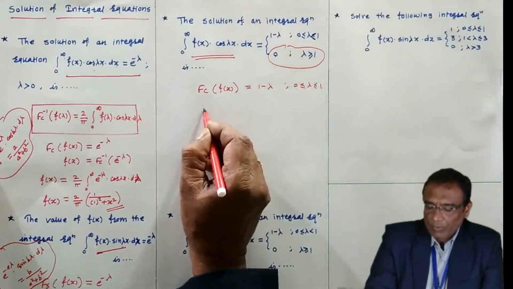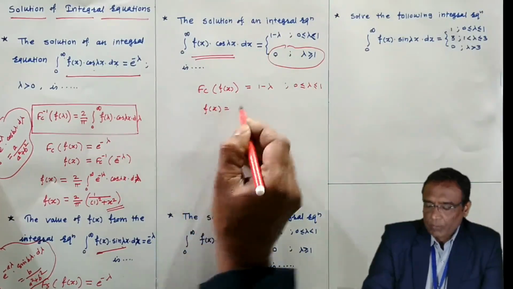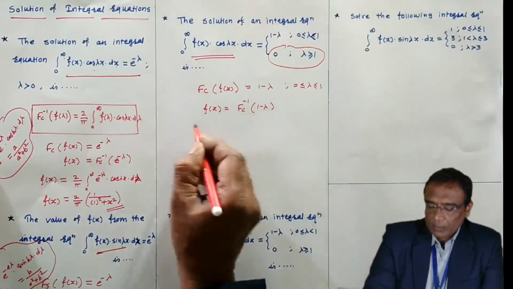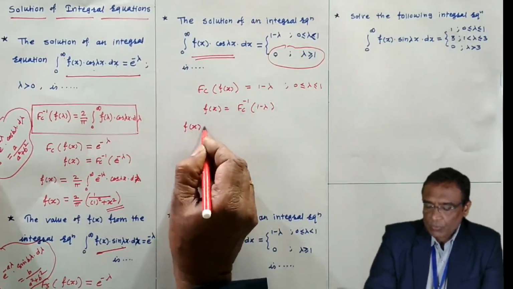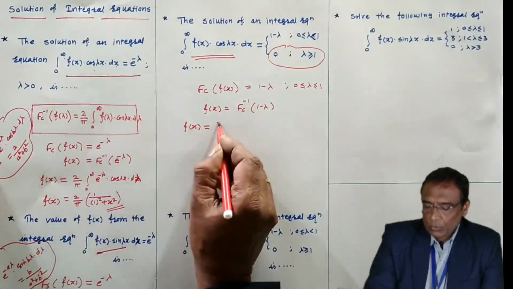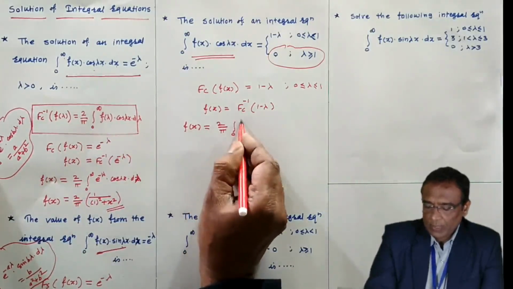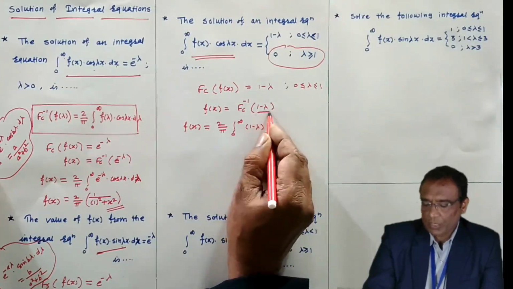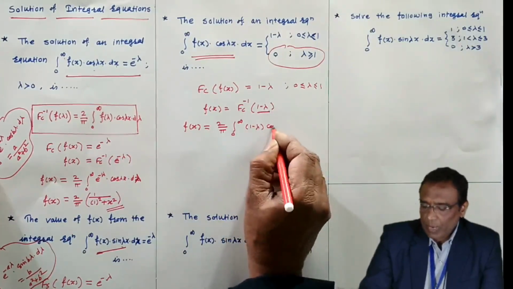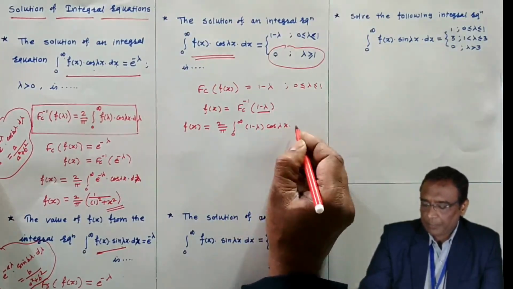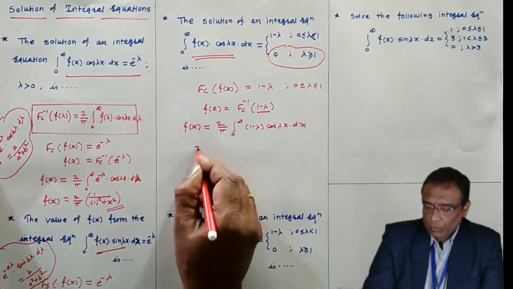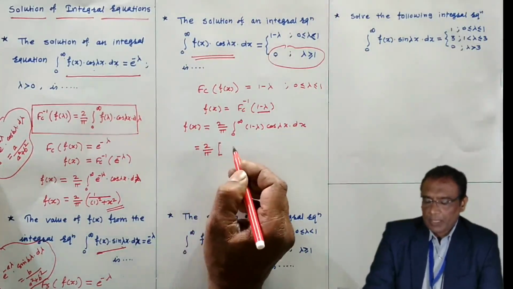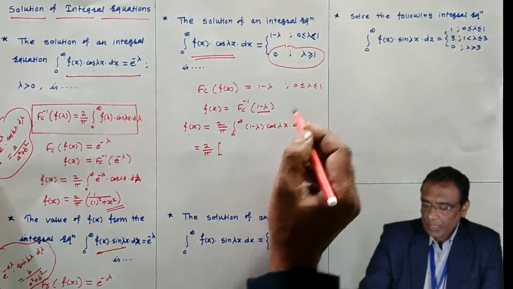Is it? f(x) equals the inverse Fourier cosine transform of 1 minus lambda. Now, by definition of the inverse Fourier cosine transform, it is 2 by pi, integral 0 to infinity, f(lambda) cos(lambda x) d lambda. Take the integration of this using integration by parts.